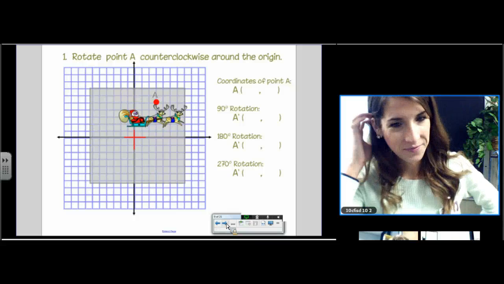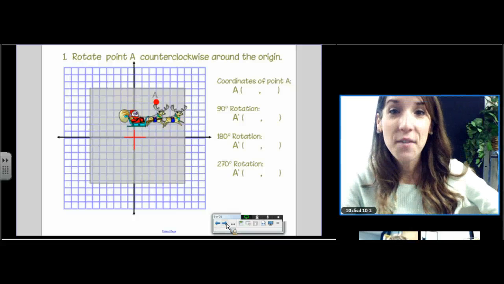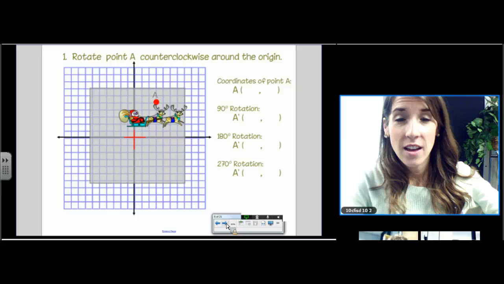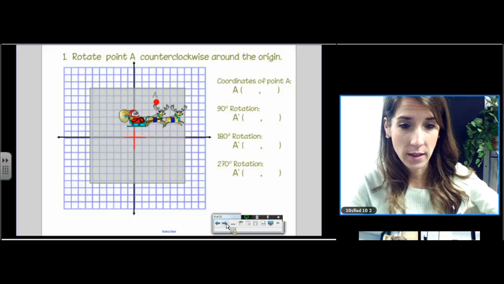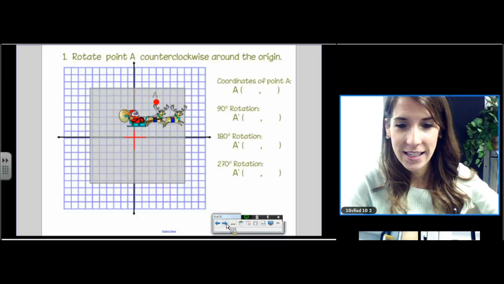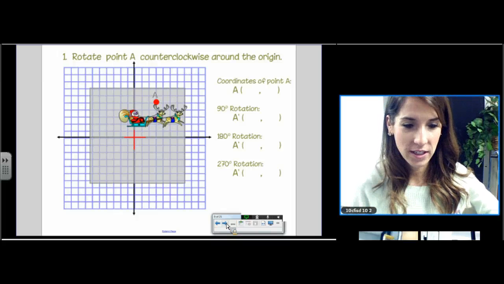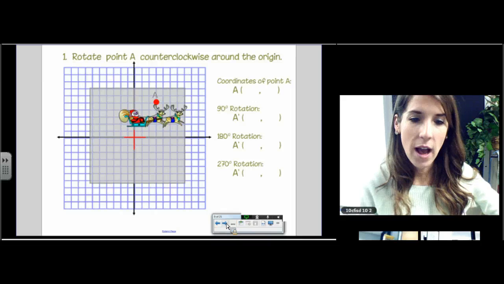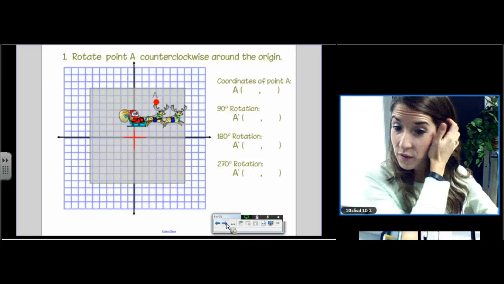Okay, so we are going to discover the rules for rotating counterclockwise in 90-degree increments. We're going to rotate Santa and his reindeer counterclockwise 90, 180, and 270 degrees. We're going to pretend that gray thing is like a sheet of patty paper.